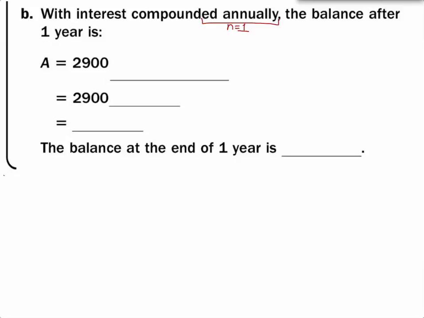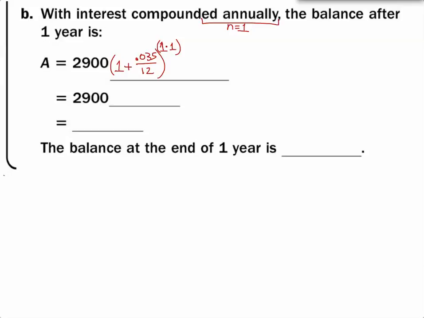So 2,900 times 1 plus 0.035 over 12 to the 1 times 1. N is 1, T is 1, and again I recommend you put this in parentheses.